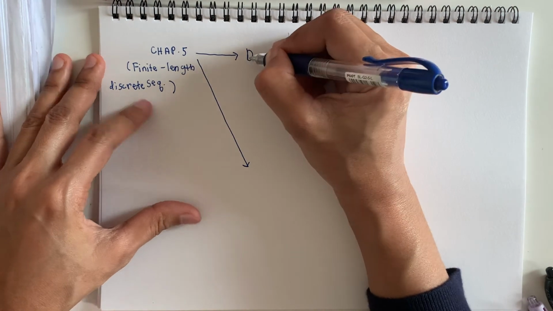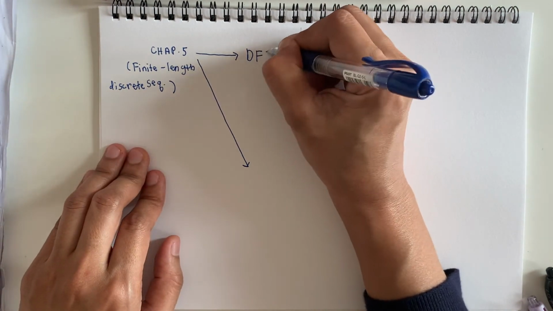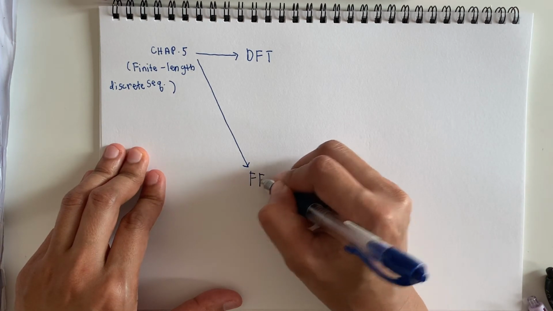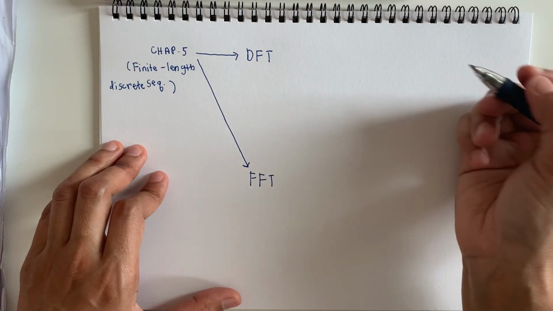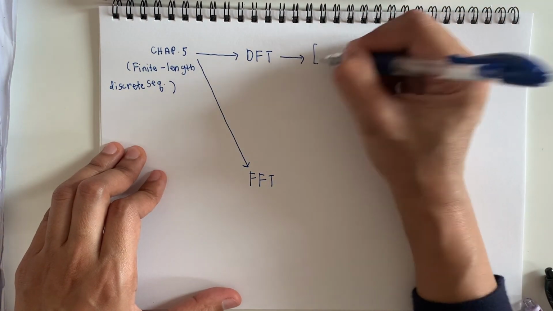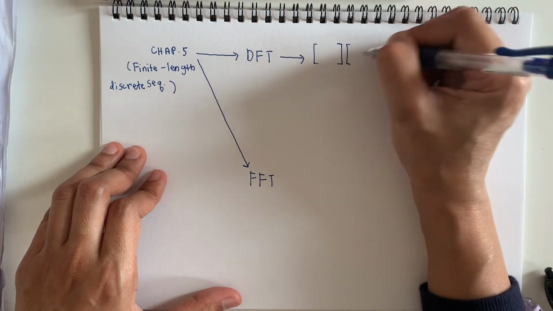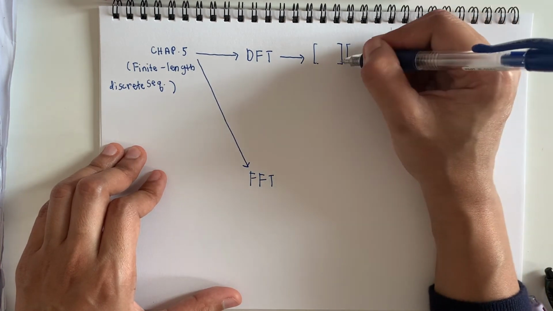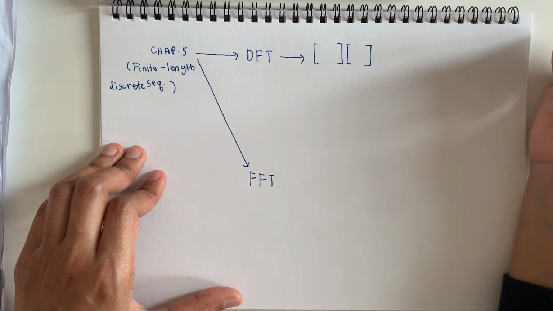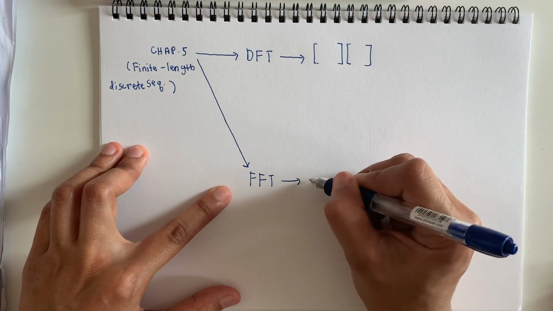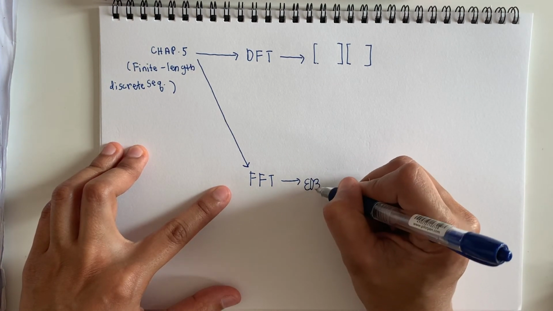One is DFT, discrete Fourier transform. Another one is fast Fourier transform, FFT. For DFT, you need to use matrix computation, so you must know what your matrix dimension is. But for FFT, you need to use the butterfly diagram.